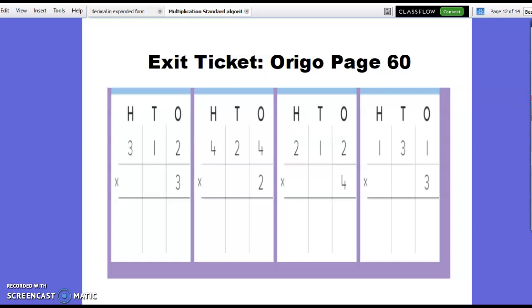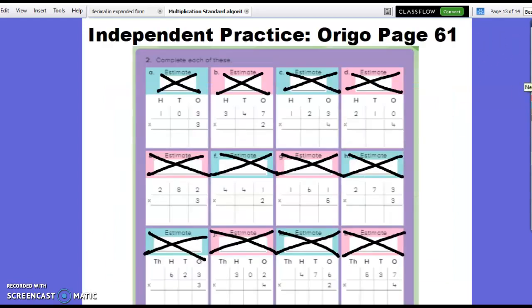And then if you feel comfortable with those, and I've checked to make sure you're doing it correctly, then your independent practice is on page 61. And you do not have to do the estimate, but there are 12 problems for you guys to do. This should be plenty of practice to get the hang of it.